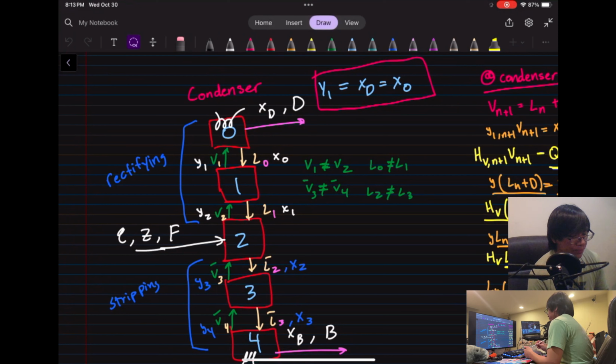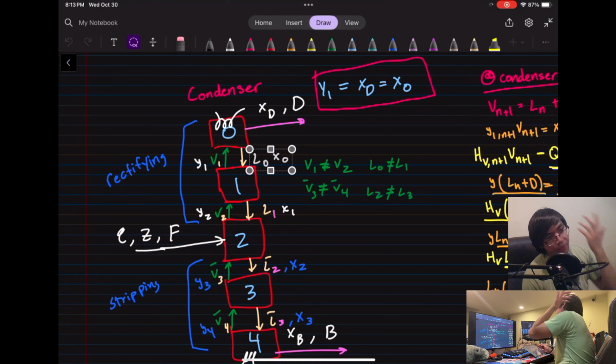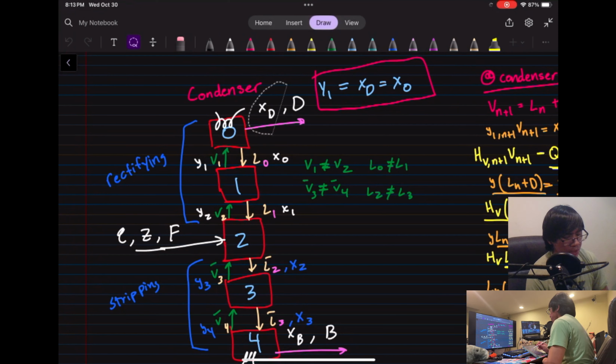Since we know these compositions and we have an interpolator for our enthalpies, we should be able to get the enthalpies of what's going in and what's coming out. These are the same composition, so those will be the same enthalpy. And then we're fully condensing our vapor.